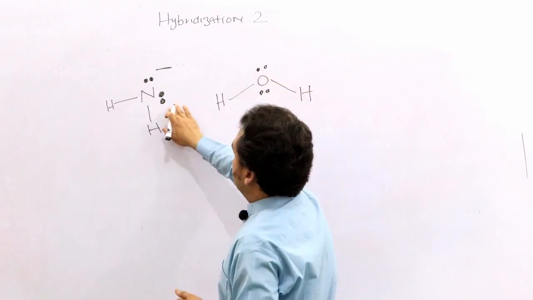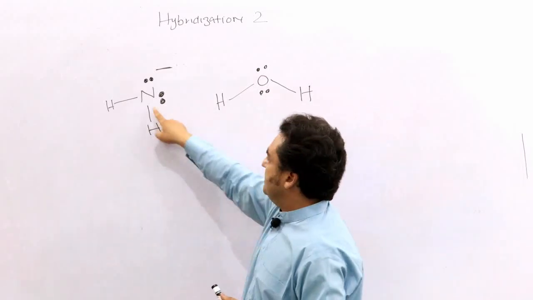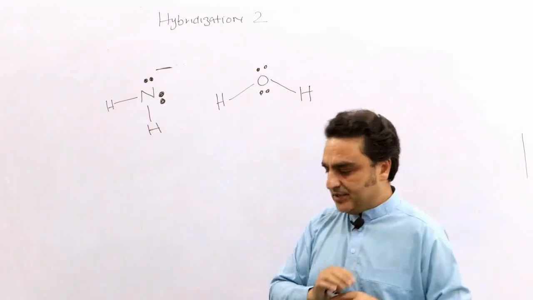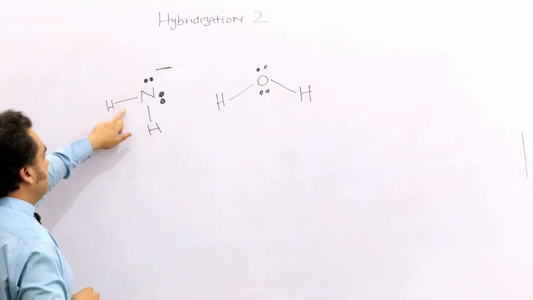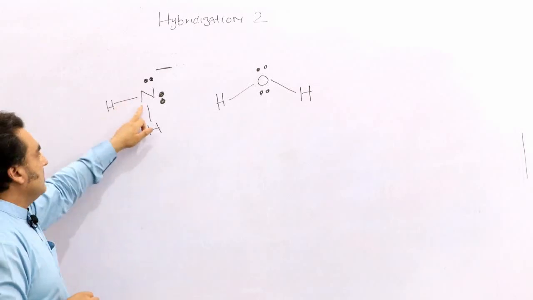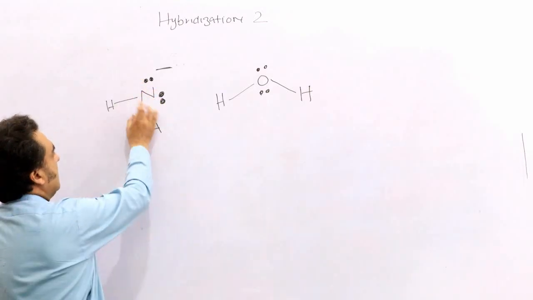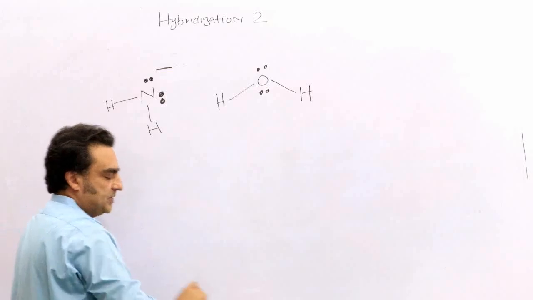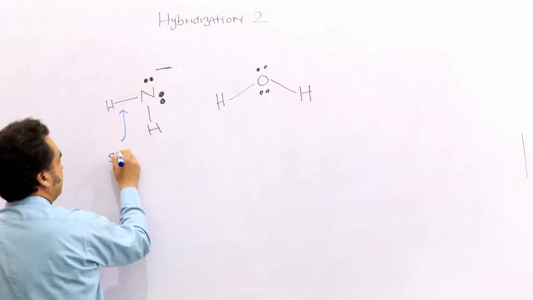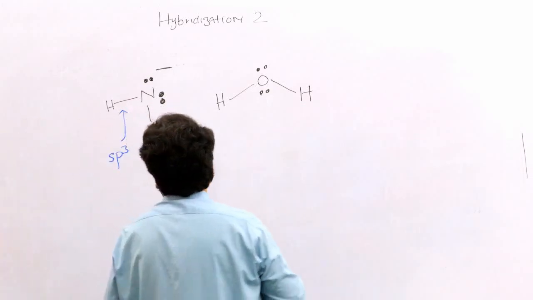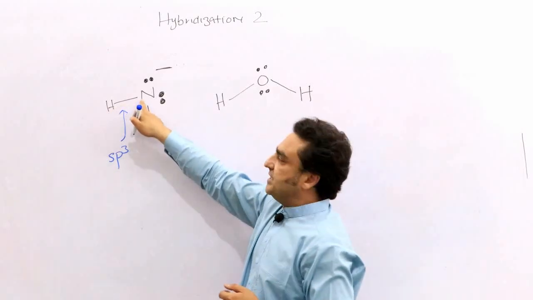And what happened? It is again sp3. This is sp3, and now what happens? These orbitals become sp3. Okay, these bonds are sp3. So it keeps 2 lone pairs in sp3 orbitals and makes bonds with the 2 hydrogens with sp3 orbitals. This is the sp3 bond between N and H, because nitrogen is using sp3.